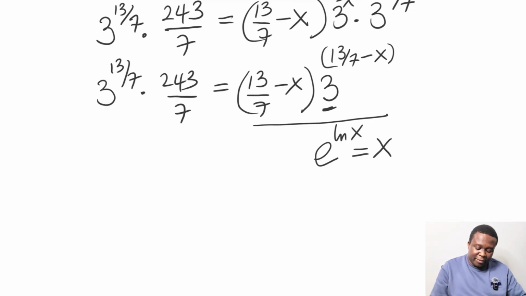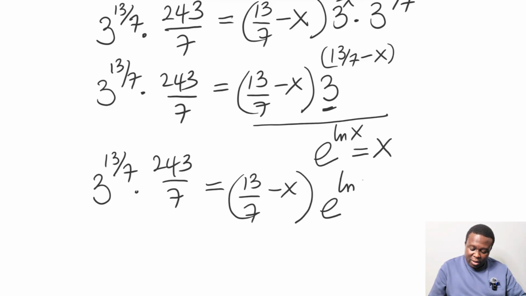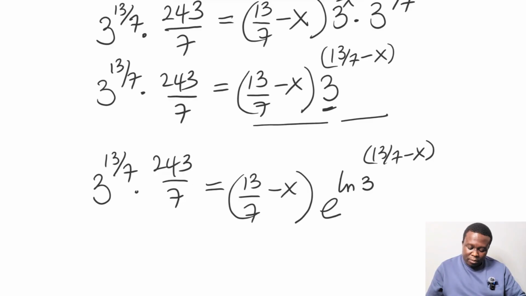So now we have 3 raised to the power 13 over 7, 243 divided by 7 equals 13 over 7 minus x, e raised to the power ln of 3, 13 over 7 minus x.